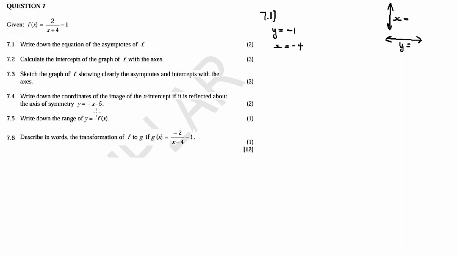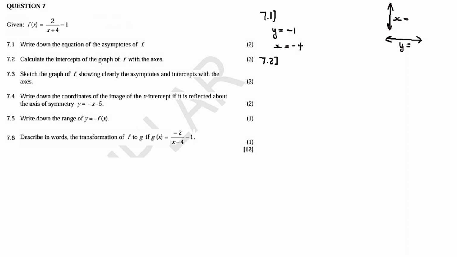The asymptotes are saying x shouldn't be equal to minus 4, because our function is undefined there. Also, y must not be equal to negative 1, because the function is undefined at that point. Those are our asymptotes.